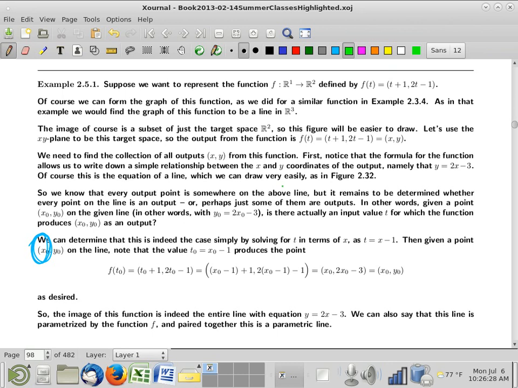It's sort of brute force. Let's take this value of t and see what comes out of the function when you put in that value of t. Here's the formula for the function. t naught is x naught minus 1.